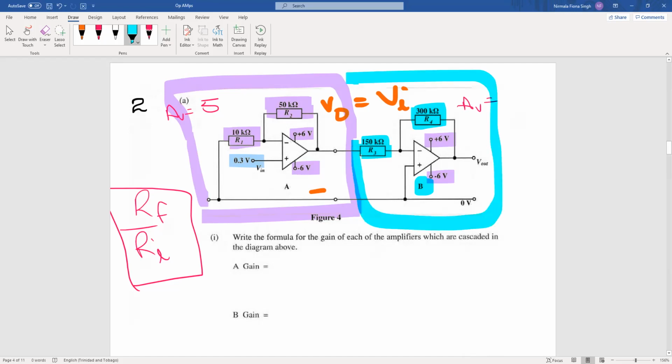Second circuit is in blue. What is the gain of this circuit using just its amplifier circuit? Folks, you could do that mentally.